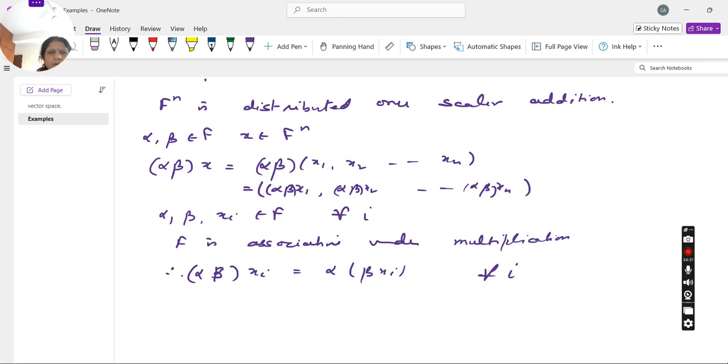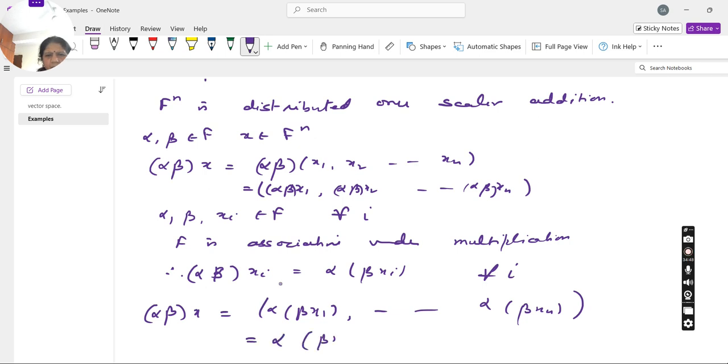So that means alpha (beta x) is alpha (beta x1, ..., beta xn), which is written as (alpha beta) x1, ..., (alpha beta) xn, and which is further written as (alpha beta)(x1, x2, ..., xn), which is further written as (alpha beta) x.